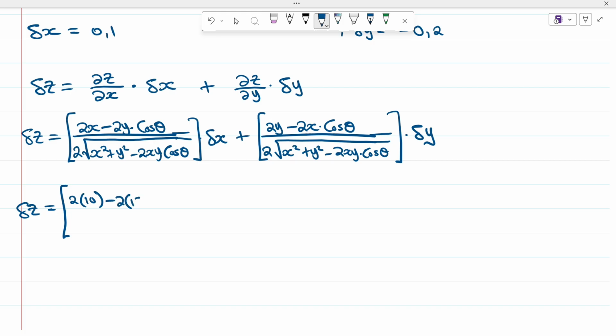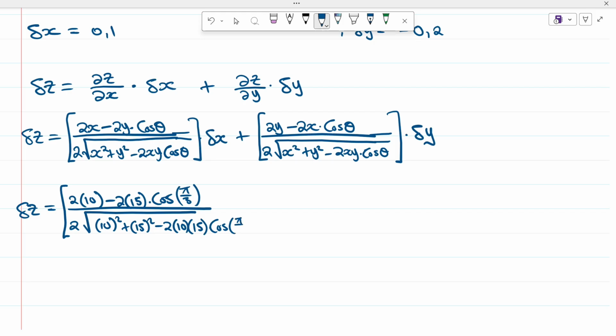So minus 2 into 15 multiplied by cos of pi over 3, all divided by 2 root of 10 squared plus 15 squared minus 2 into 10 multiplied by 15 multiplied by cos of pi over 3, just like that. And then we close. We will now multiply it by the change. So our small change in x there is just 0.1, and then we say plus.